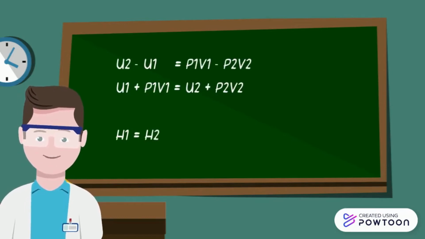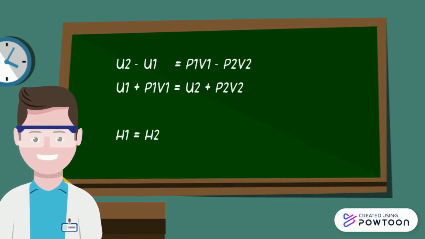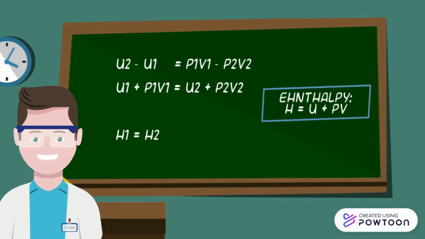Thus, U2 minus U1 equals P1V1 minus P2V2. Rearranging the equation, we get U1 plus P1V1 equal to U2 plus P2V2. This equation is pretty familiar, right? Yes, it resembles the enthalpy formula, in which enthalpy H is equal to U plus PV. Finally, from the equation, we conclude that H1 equals H2.